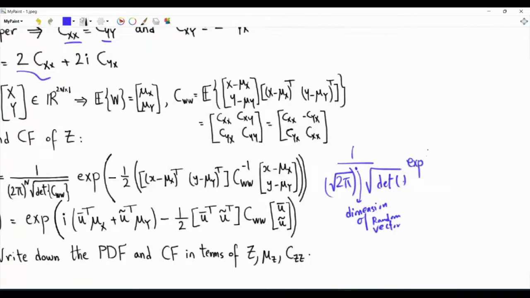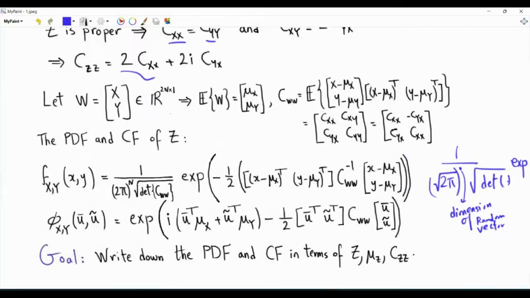And then we have exponential of minus 1/2 times a quadratic form: the vector minus its mean value transpose, then the covariance matrix inverse, and then the random vector minus its mean vector. So if we apply this to our case, we have 2n real valued random variables.